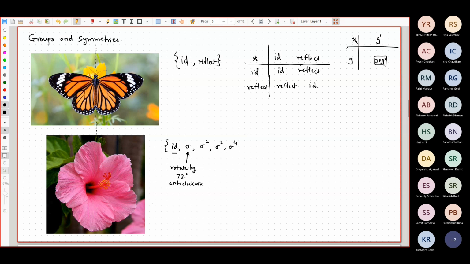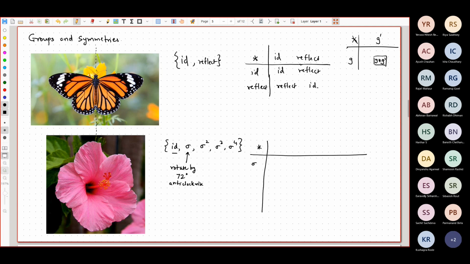So if you rotate this flower 5 times through 72 degrees, you're rotating it through 360 degrees. So you're getting back whatever you started out with. So the set of elements is just this, and then this group operation can be written as follows.